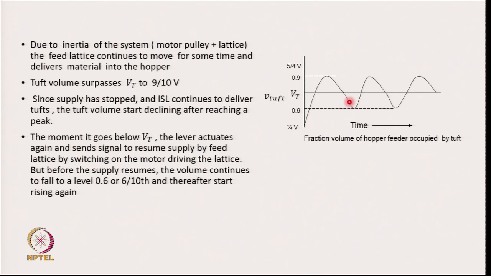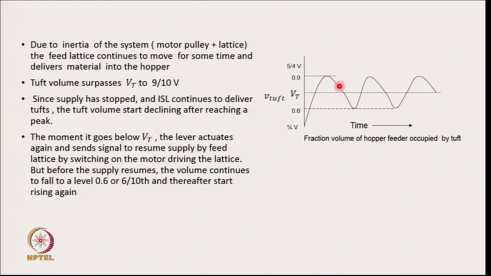Now, again the swing door, that lever is going to act. The lever will act again, and it will send a signal, and as a result the motor is going to start, the feed lattice is going to start, and it will start feeding material inside the bin.